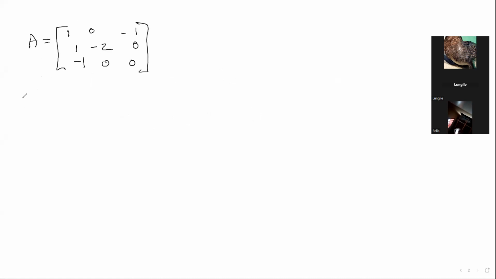Then we've got C is equal to A minus I3, right? And then we've got CBT is equal to 3, minus 3, 1, 0, minus 1.